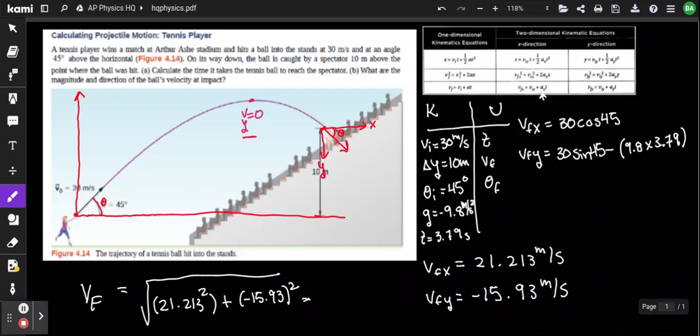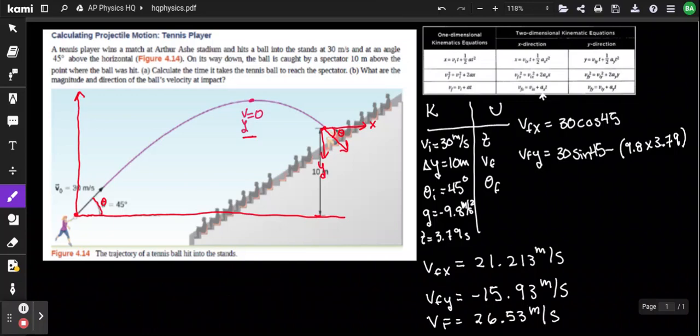Putting it in the calculator, that's going to give us 26.53 meters per second as our final velocity.